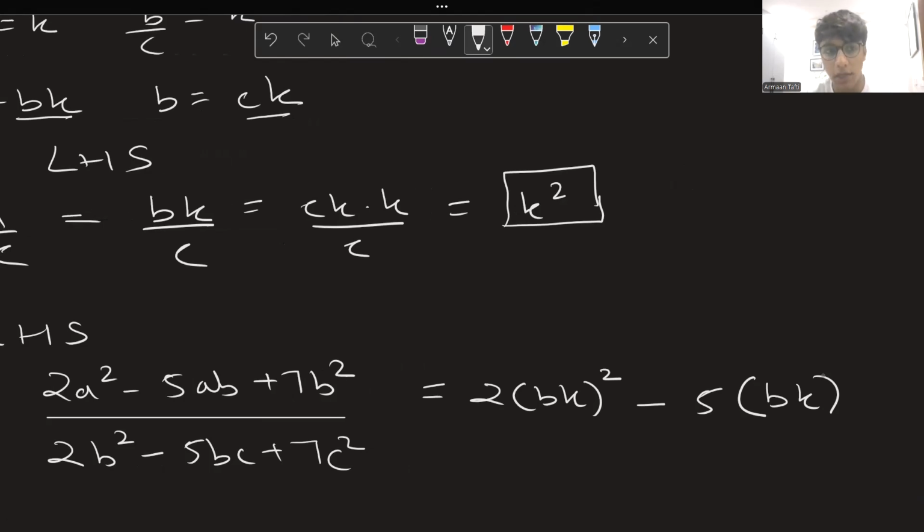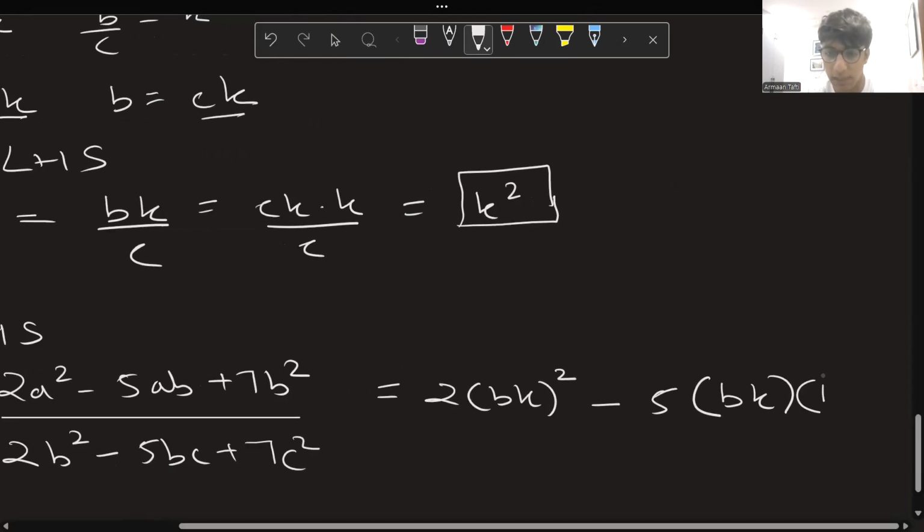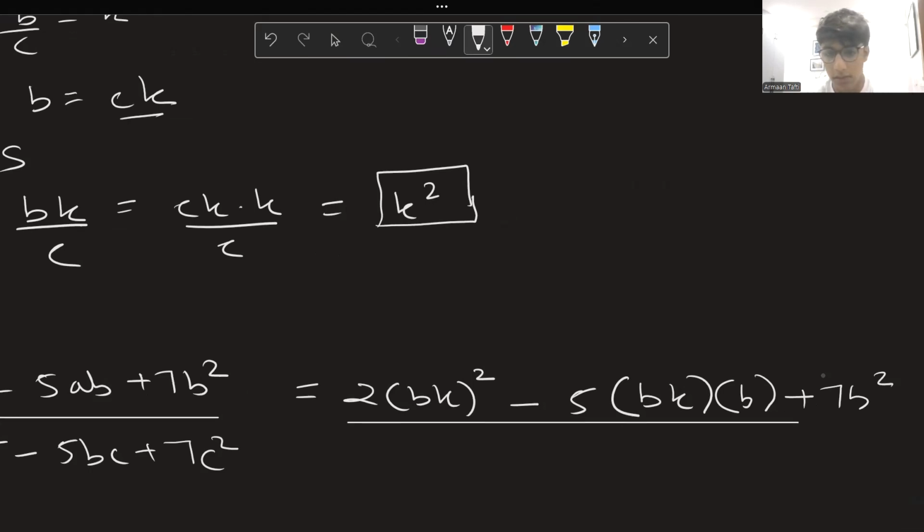If in a numerator you're changing all the a's, then don't change the b's. Let the b's remain as they are because we want to introduce some familiarity. And if you've written a as bk, we don't want to change back b again to ck. That won't make sense for us. So let's write bk as simply b and then plus 7b square. Again, we don't change it here because we want everything to be in terms of b and k in the numerator, right?